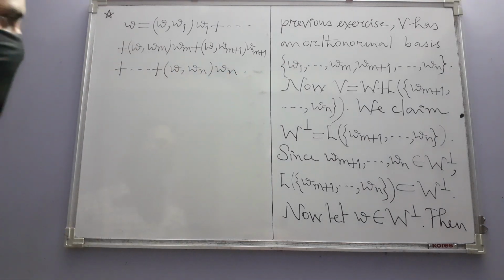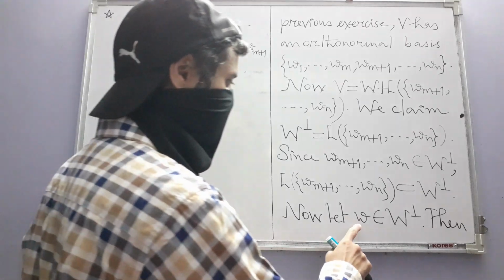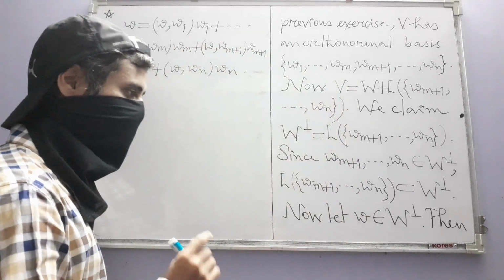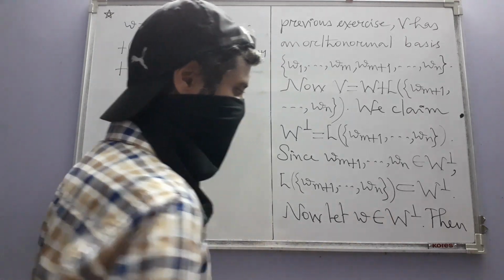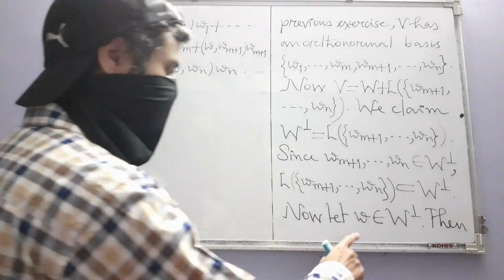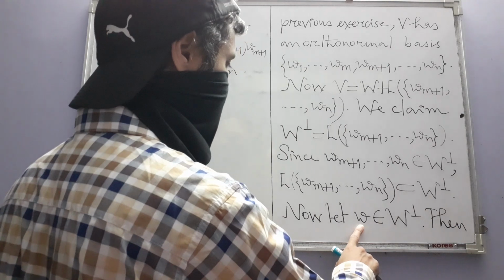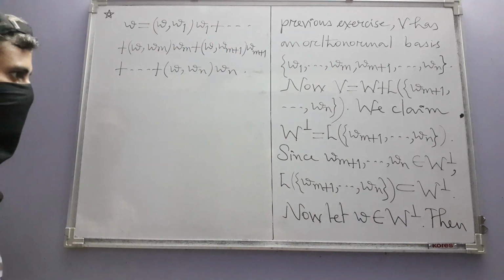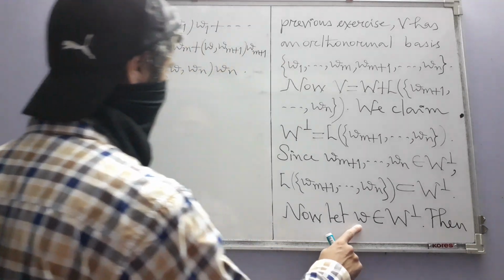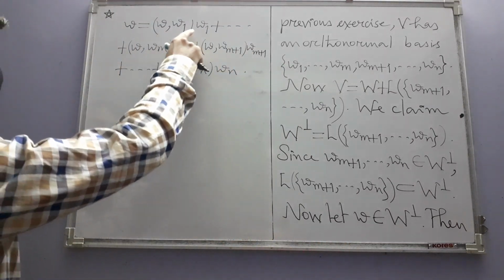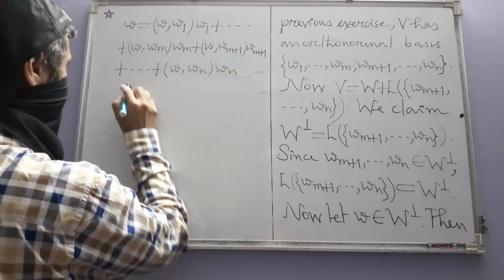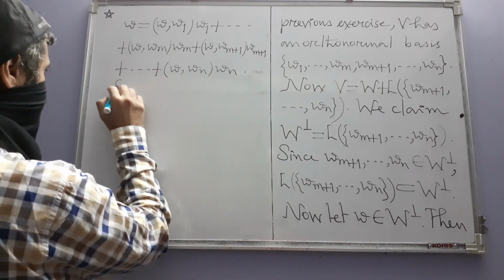Alright, but now we invoke the condition that W, fine, it's a vector in V, but in fact it's in W orthogonal. So that means this vector would be orthogonal to every vector coming from W. In particular, W will be orthogonal to the first m Wi's, and that's why we write these things.